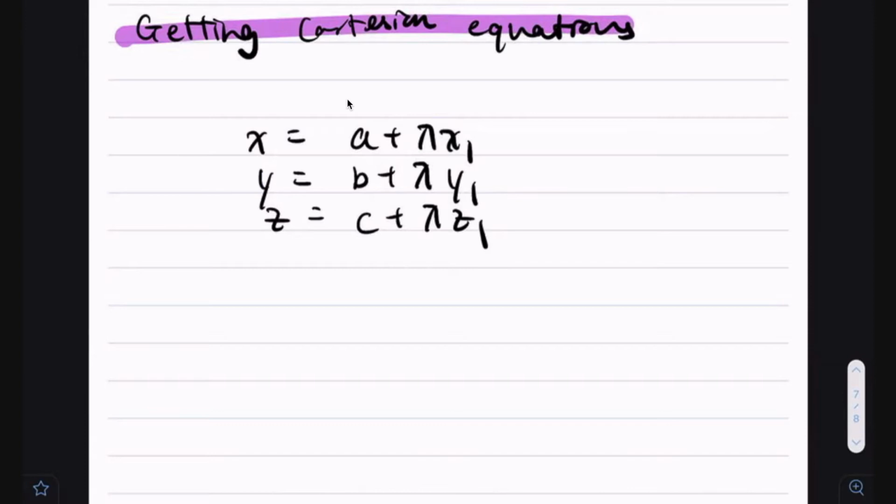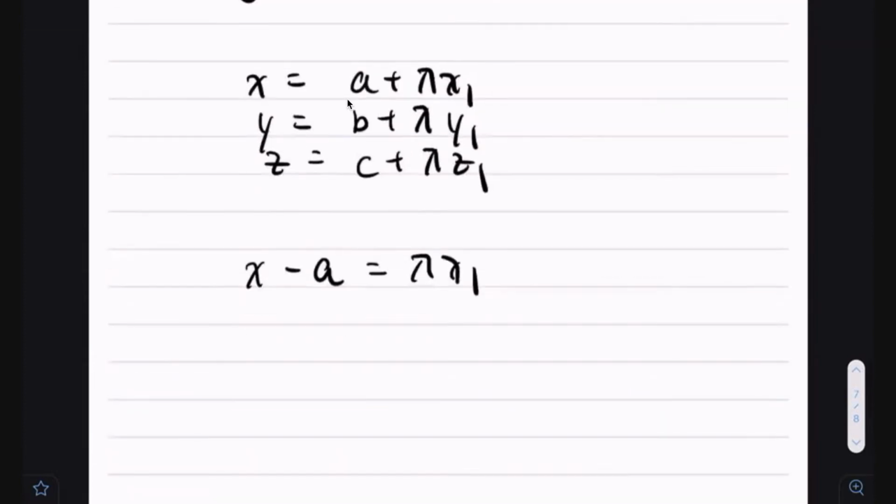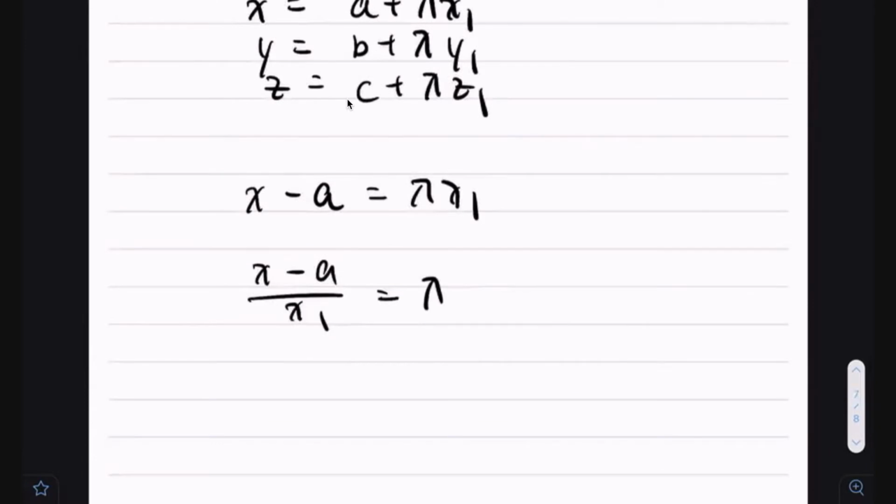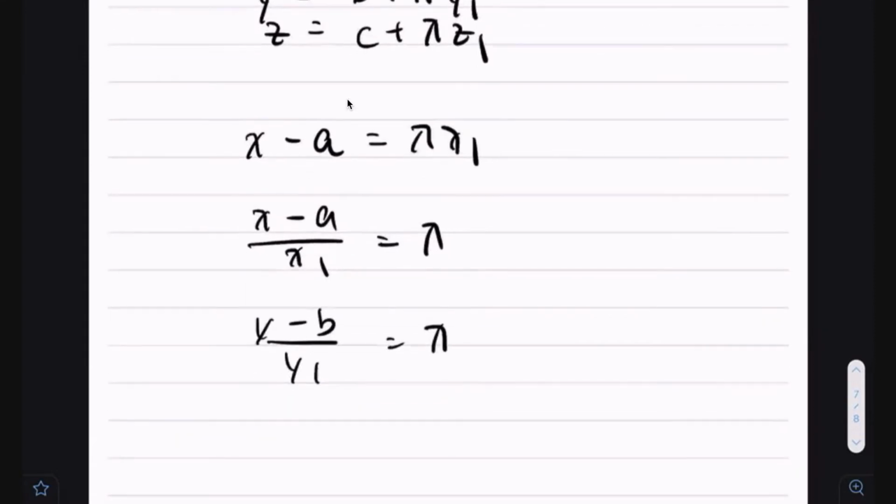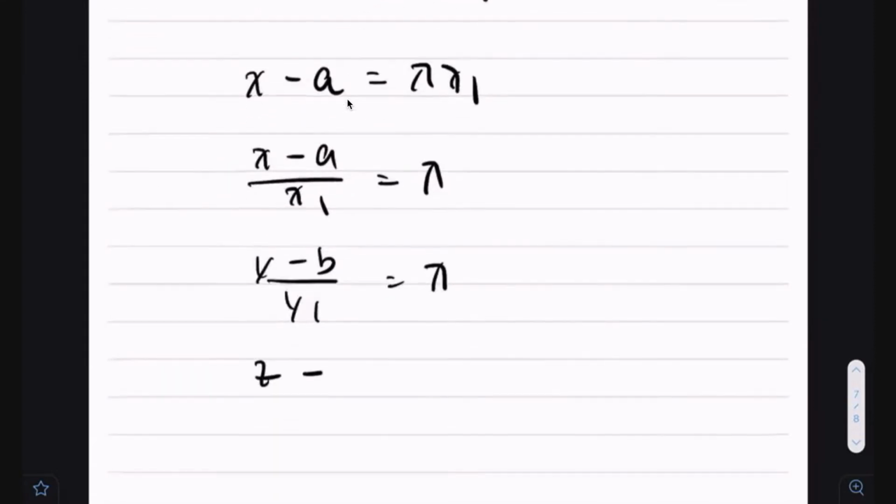In the first equation, I'll be doing x minus a equals lambda x1, and therefore (x minus a) over x1 is equal to lambda. If we do that with all the other equations, we will get this: (y minus b) over y1 equals lambda, and (z minus c) over z1 is also equal to lambda.